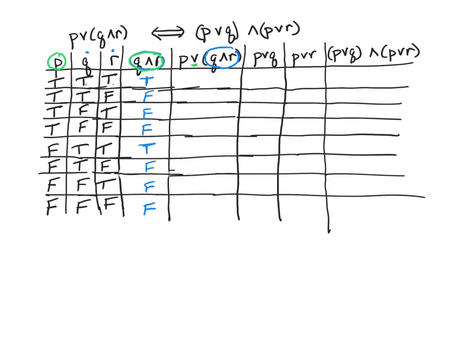So let's look. When do we have 2 falses in a row? Well, the first row is true, the second row is true, the third is true, the 4th is true, the 5th is true. Here I have a false. And here is a false again. And a false again. Right? Because note that this is false and this is false.